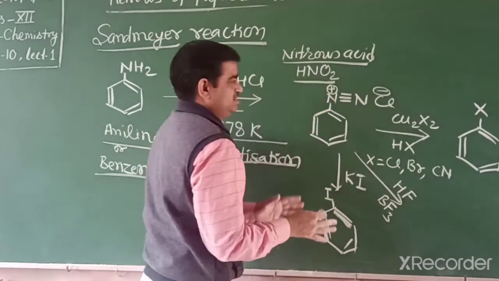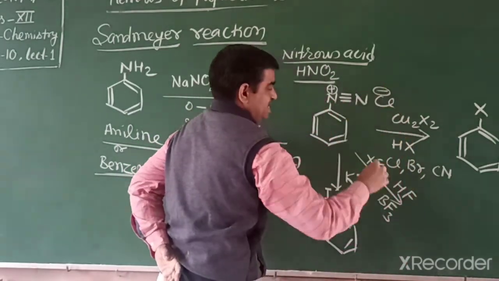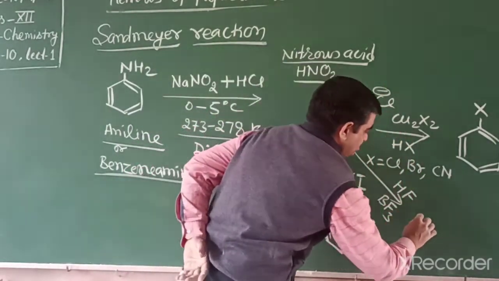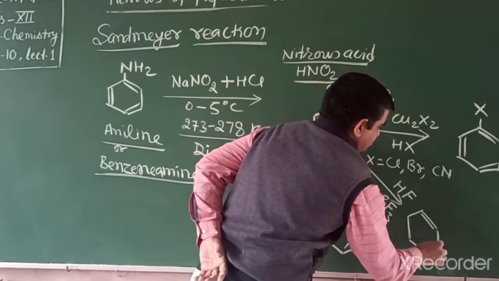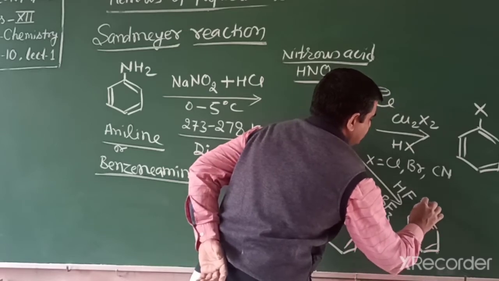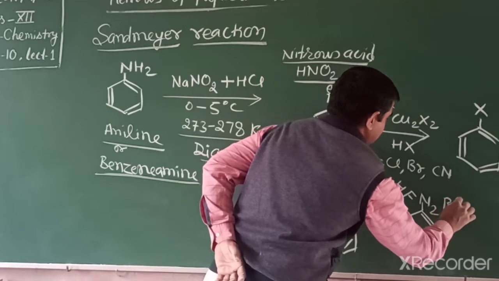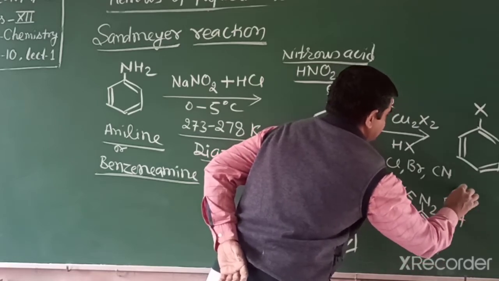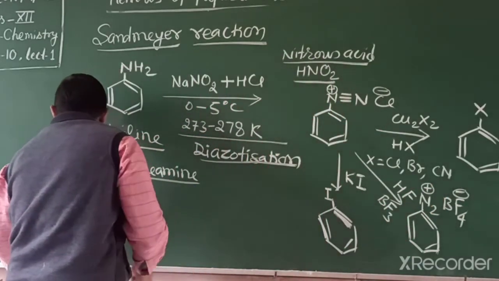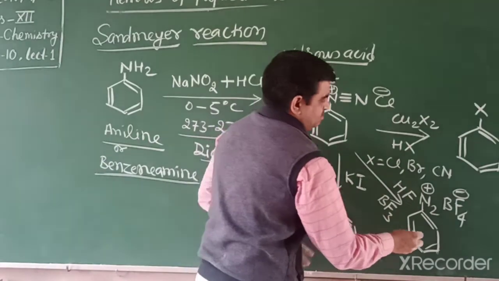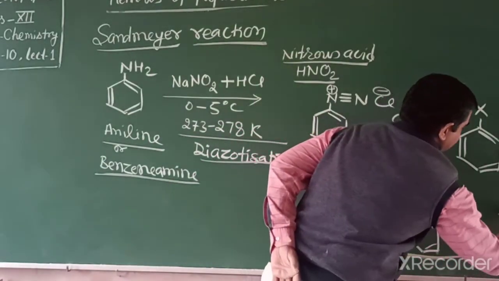These two reagents react, and we get another diazonium salt, fluoroboric acid, like we can write here, this diazonium N2 plus and BF4 minus. This diazonium salt, when slightly heated, we get fluorobenzene.